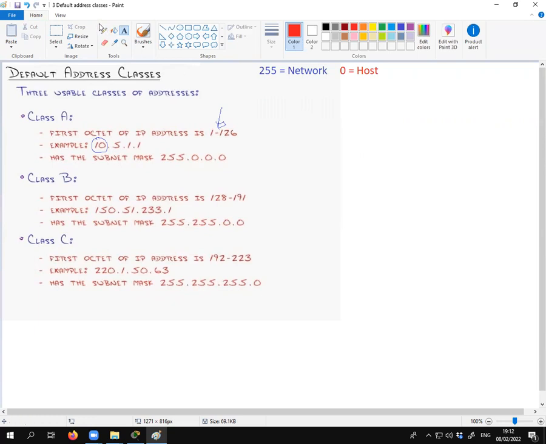Okay, so what network does this PC live in? So this is a PC, 10.5.1.1 is a PC. Well, it lives in the 10 network. Just a 10, because the other 3 parts are zeros. So you could get the red line here and just mark it across.